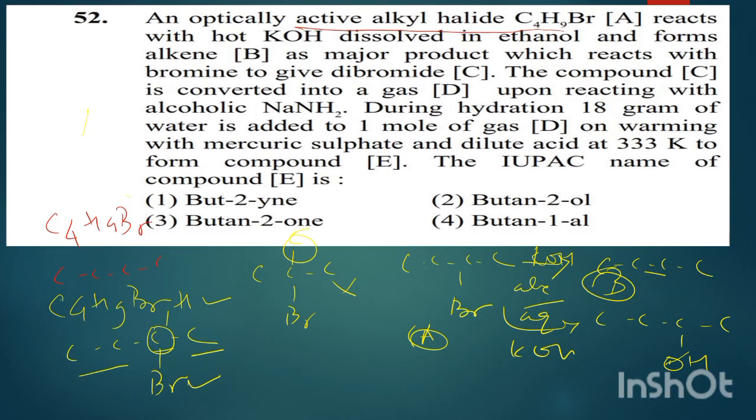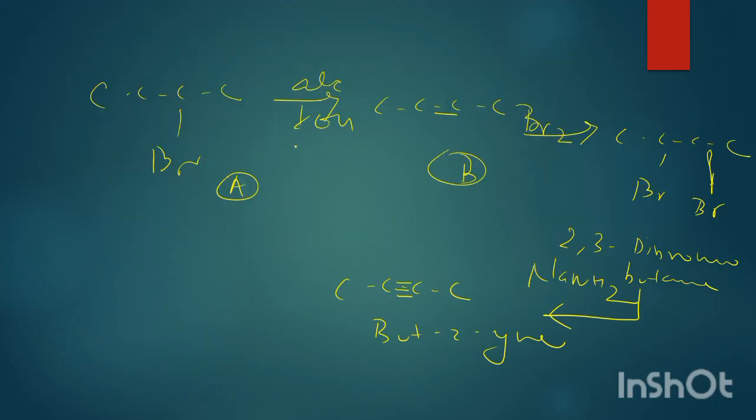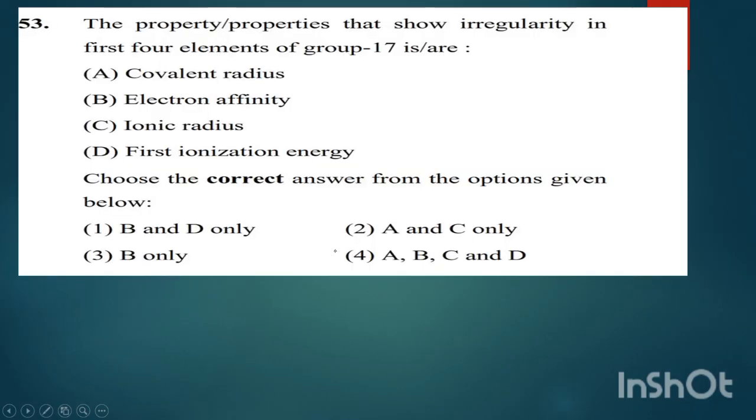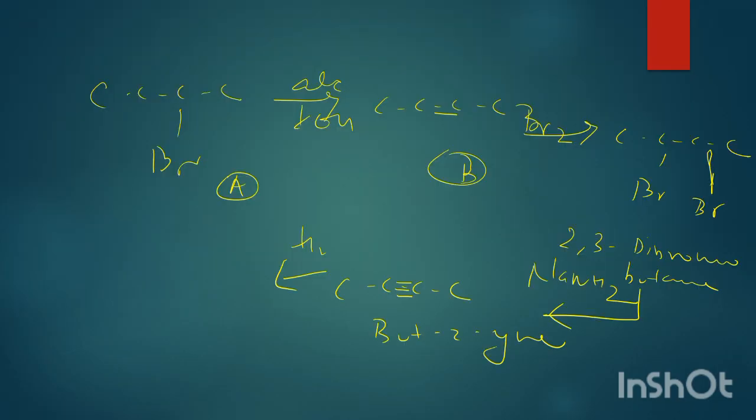During hydration, water is added on warming with mercuric sulfate, HgSO4, at 333 Kelvin to form compound E. So water does only hydration, so an OH group is attached.